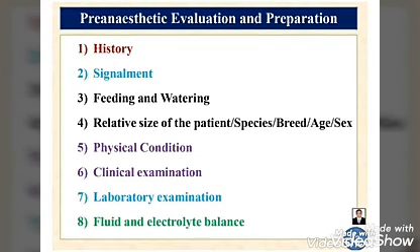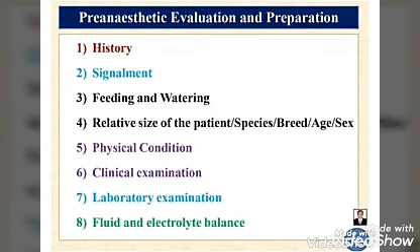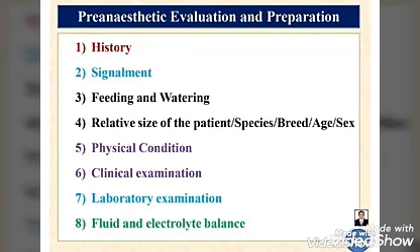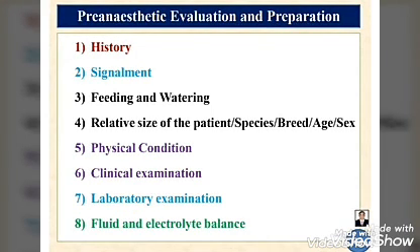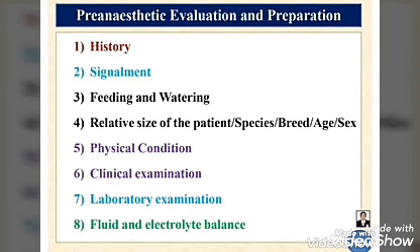Pre-anesthetic evaluation is performed by obtaining the pre-operative history, the general and physical status of the animals, and biochemical analysis. Proper patient evaluation and preparation help improve patient safety and ensure a successful anesthetic outcome. Pre-anesthetic evaluation has great influence on the dose and choice of the anesthetic agent and also the anesthetic technique.